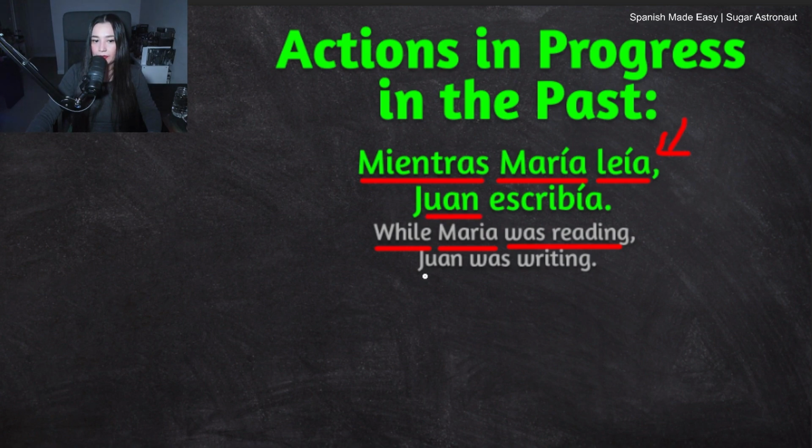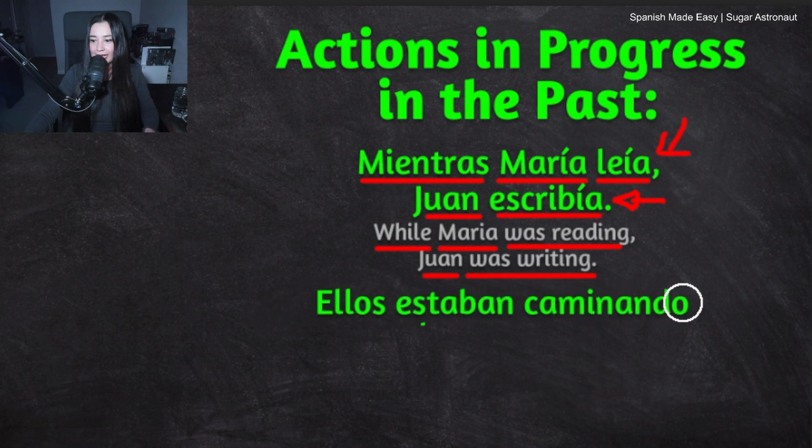Juan escribía, and we have another verb conjugated in the imperfect tense. So escribía means was writing, okay? Was writing. So there's some action happening, okay? Some action happening in the past. So you need el imperfecto. Mientras María leía, Juan escribía, okay? Well, Maria was reading, Juan was writing. Excellent. Let's look at another example.